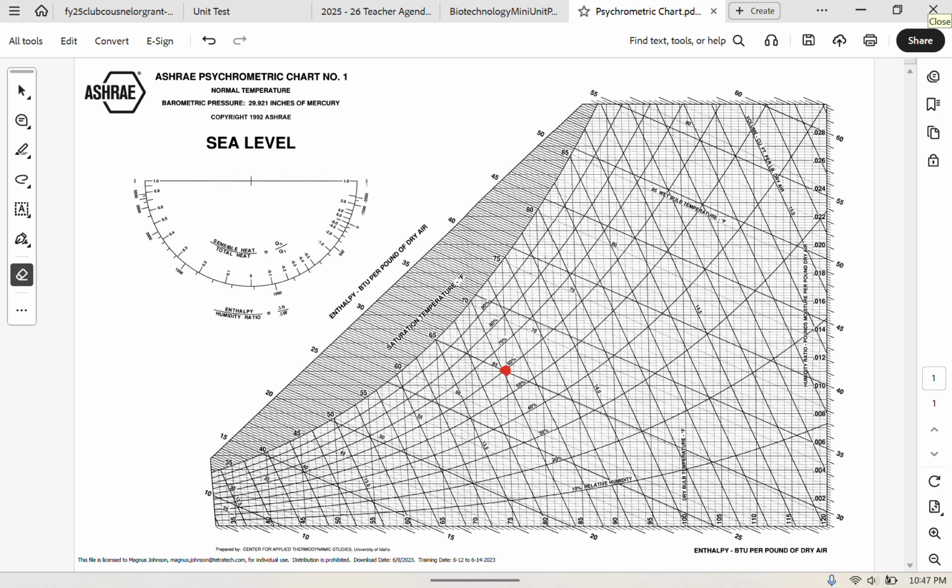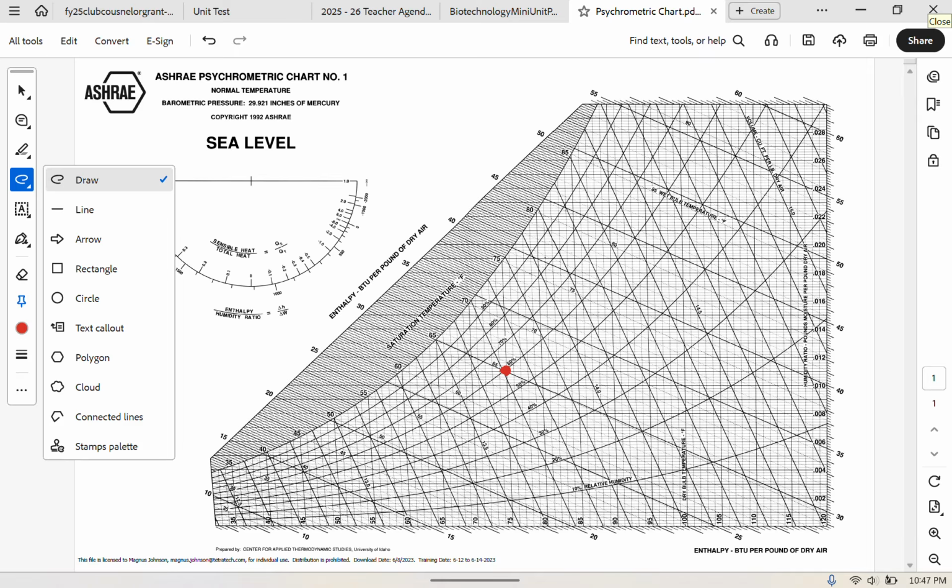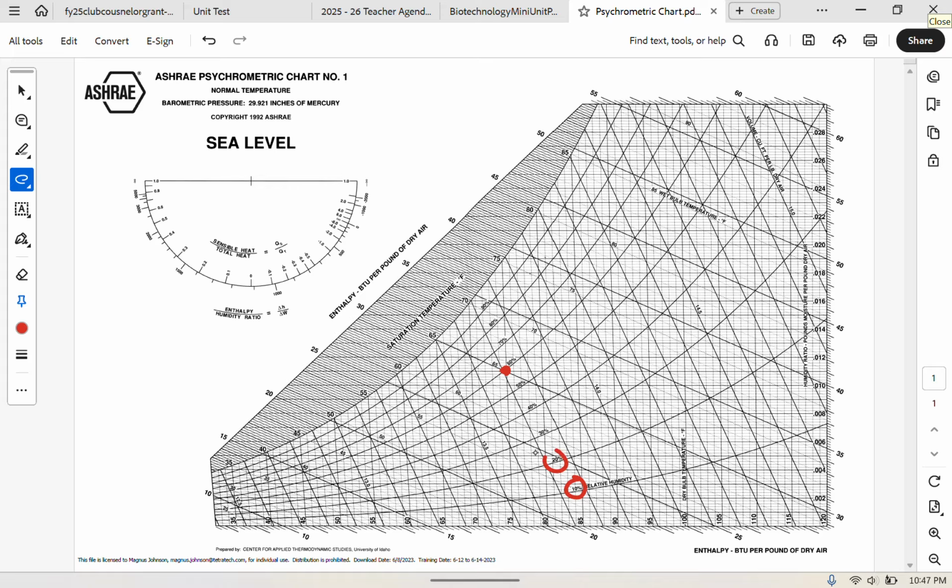And the final important line here would be the relative humidity lines. These are the curved lines. So you can see we have our 10%, 20%, and so on. Then we have our 90%, and then the final curved line is our saturation curve. So that would be this line right here. So the saturation curve is the point of 100% relative humidity.